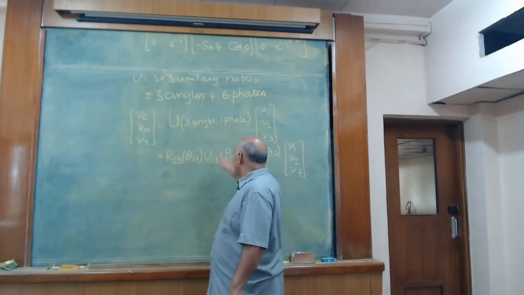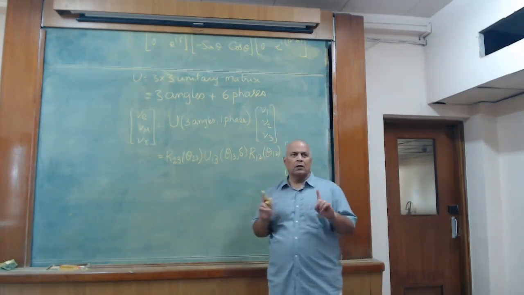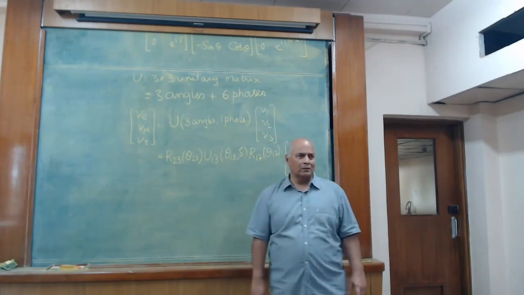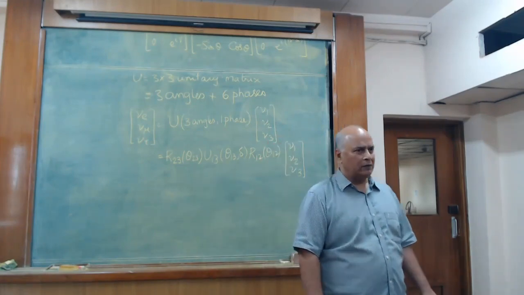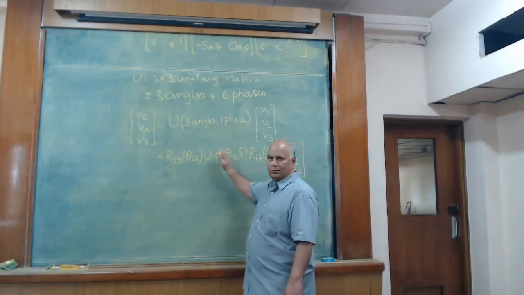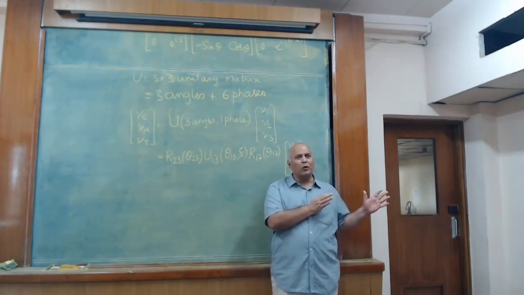And the two outward rotations are purely real, and the middle one is a complex rotation, and you see that by putting the phase in the middle, we ensure that it cannot be pulled out.